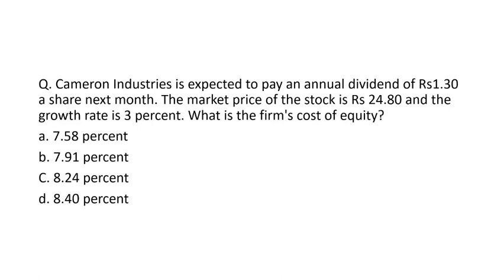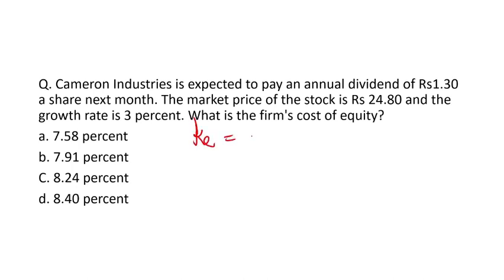Here you have a numerical practical based question. Cameron Industries is expected to pay an annual dividend of rupees 1.30 a share next month, and the market price of the stock is 24.80 and the growth rate is 3%. What is the firm's cost of equity? So it has asked to compute the cost of equity.